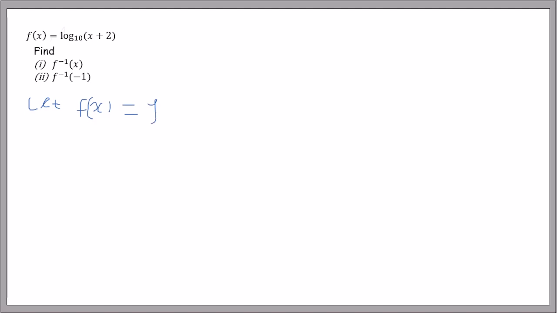I'm going to use y. And if it is y, then it means that my y is equal to the log of x plus 2, and the base is 10.